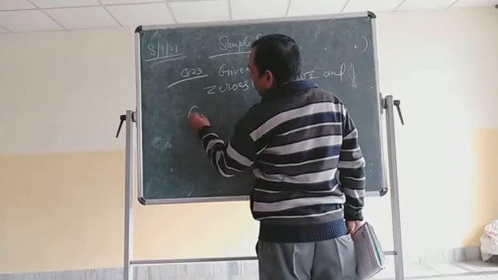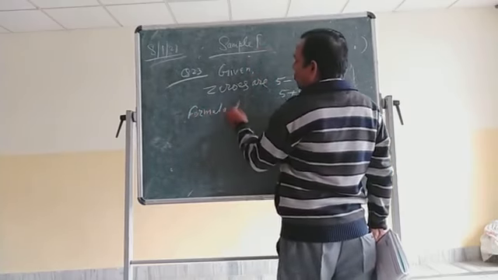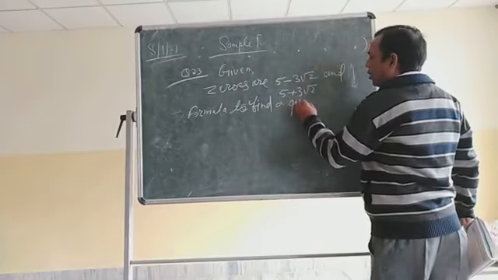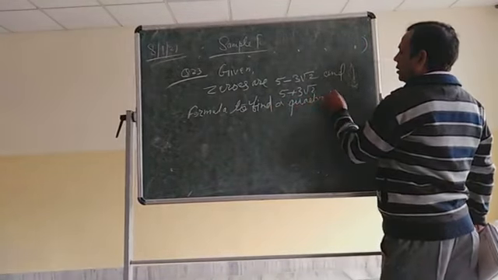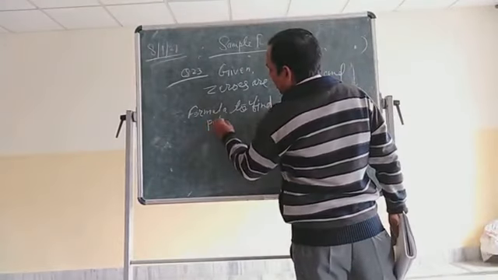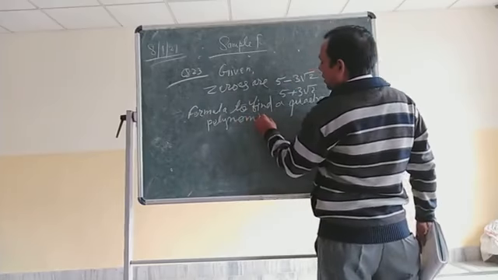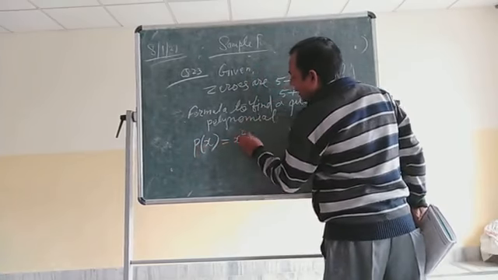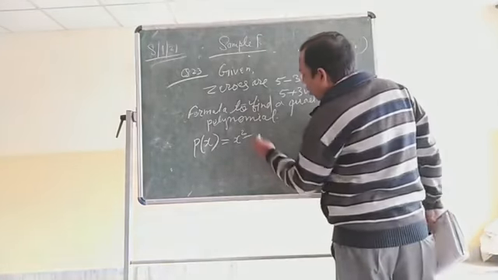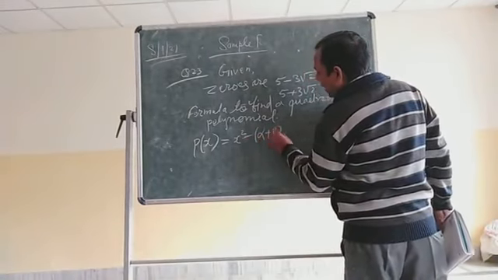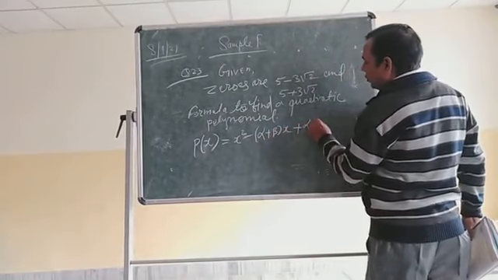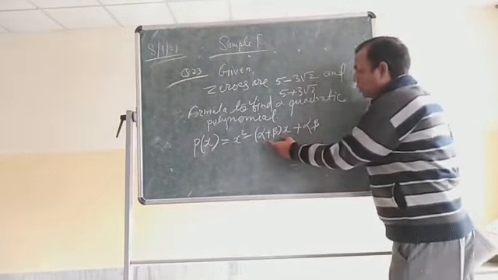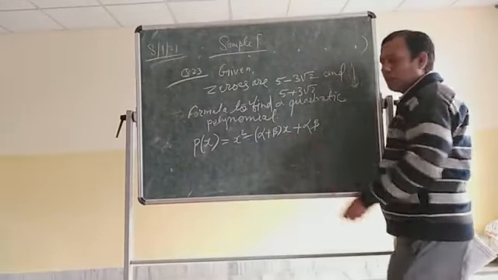So the formula to find a quadratic polynomial is p(x) equal to x square minus sum of zeros, or you can say alpha plus beta, x plus alpha into beta, or whatever you have told, that is correct. You can use the words sum of zeros and product of zeros in place of that.